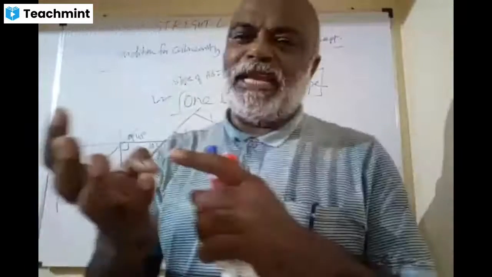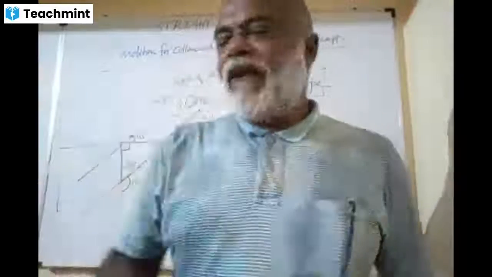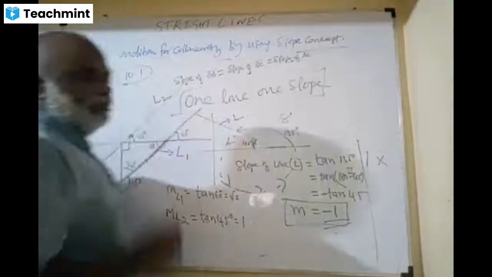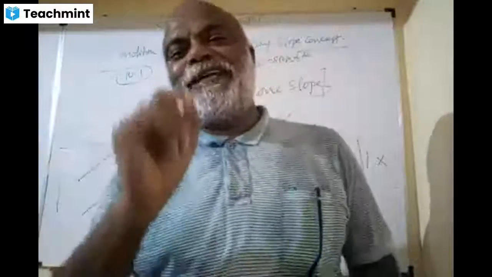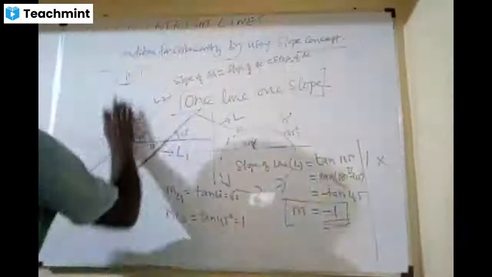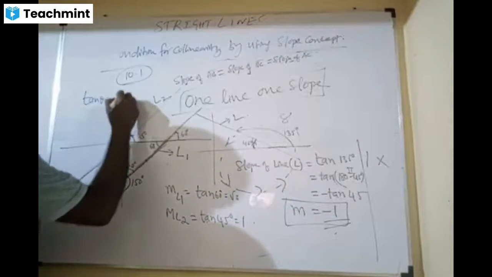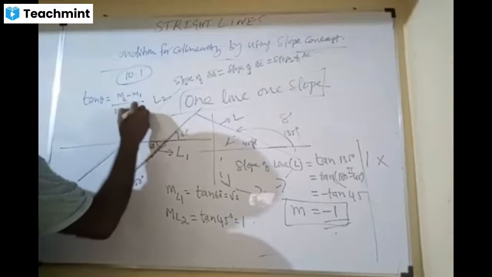So we have done all the concepts regarding slope, my dears. As far as exercise 10.1 is concerned, you can try almost the majority of the questions, except for one formula I have not done, that is tan theta is m2 minus m1 by 1 plus m1 m2.